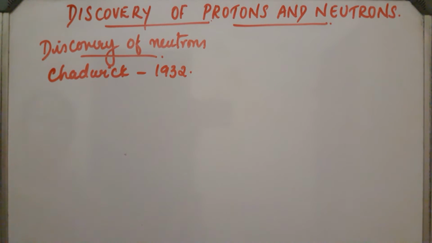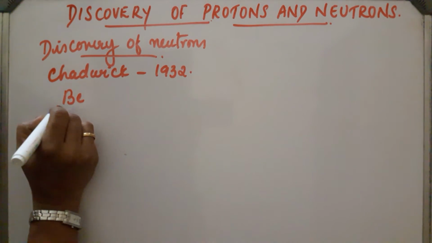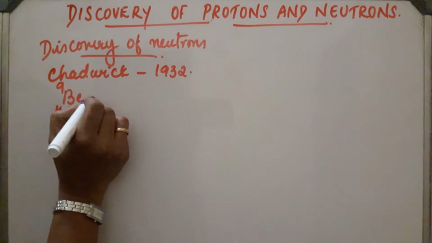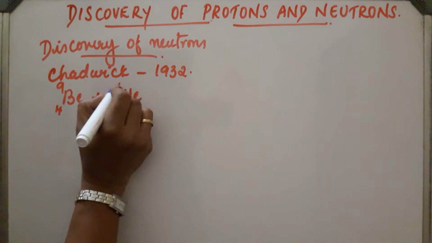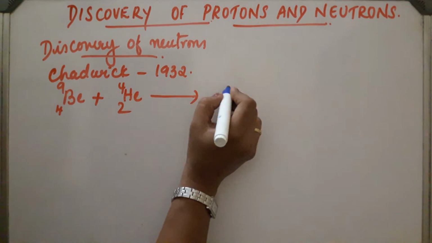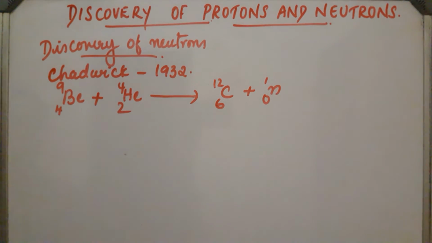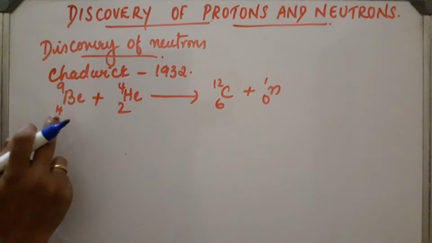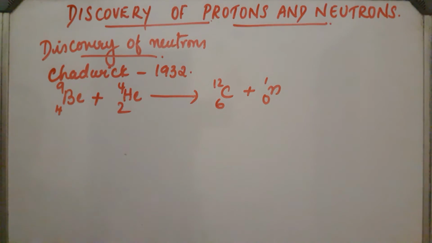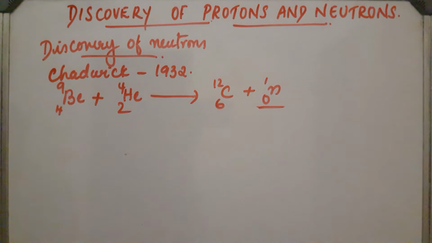He discovered the neutron by bombarding a thin sheet of beryllium with alpha particles. On bombardment of a thin sheet of beryllium with alpha particles, neutron is produced. Like this he discovered the neutron.